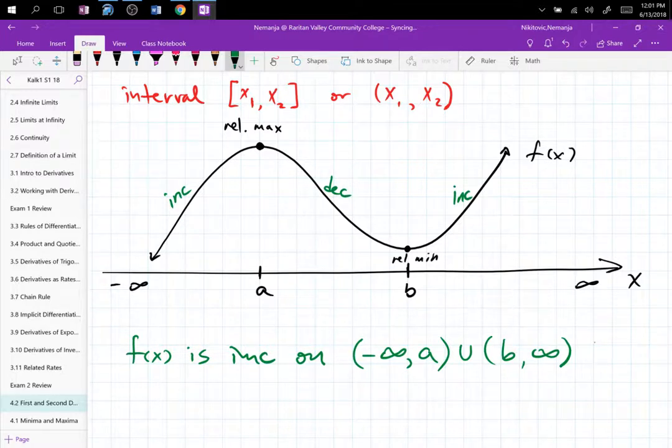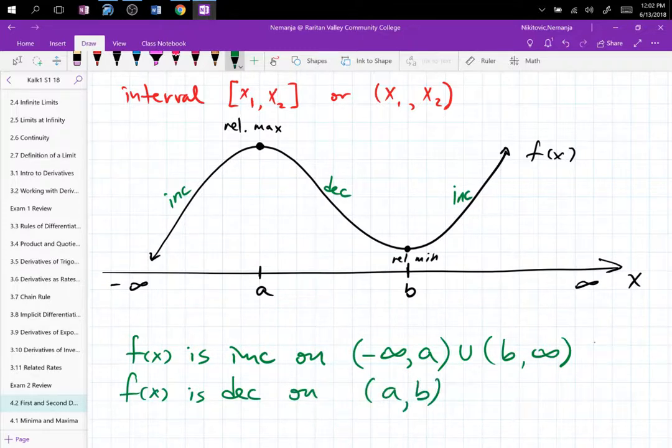So as you can see, I have the interval from negative infinity to A. For all of those x values between negative infinity and A, the function is increasing. And also, for all x values between B and positive infinity, the function is also increasing. Now, I also have that f of x is decreasing on A to B.